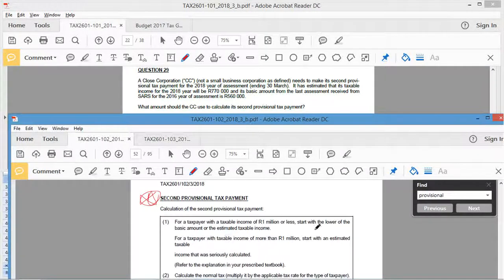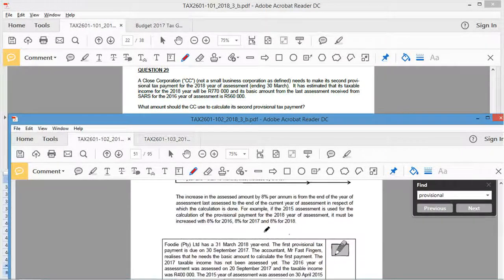So then I'm going to be using the lower of the basic amount or the estimated taxable income. Estimated taxable income was 770,000. The basic amount in terms of the last received assessment, which was 2016, was 560. So I could use the estimated income or the lower of the basic amount.